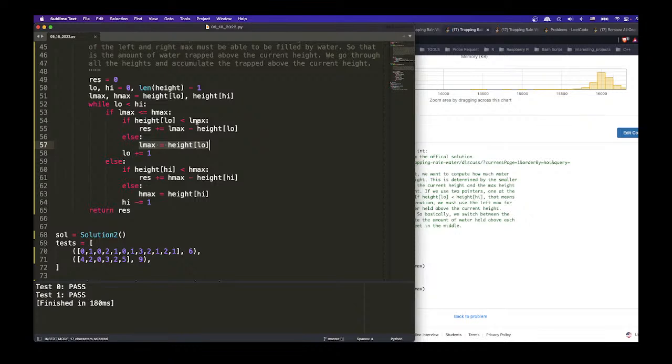But if it's the other way, then we have to use high. So always move on the smaller side, right? And each time we move, we keep track of the left max and the right max. So each time we move, we always have the amount that we can accumulate until, if the left is bigger than the right, then we have to switch to the right. So whichever is smaller is the current one.